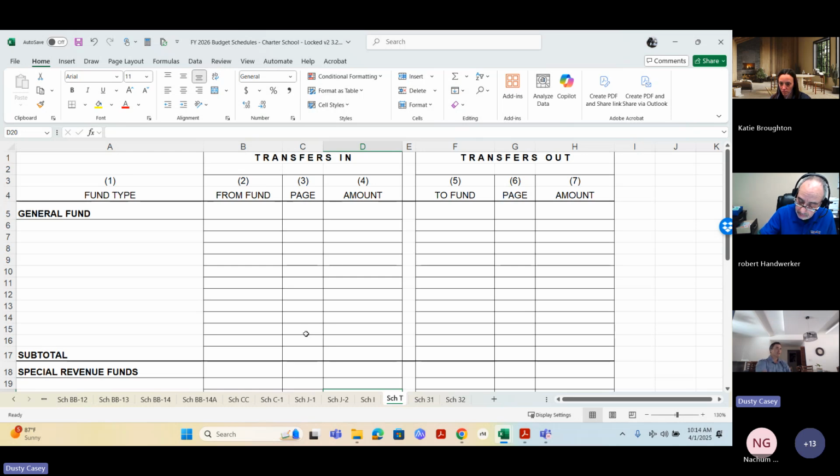So let's say you're getting $200,000 a year in local sped dollars, but your deficit in your special education fund is $400,000, then you should be showing a total of a $400,000 transfer out of your general fund, and you do not have to show the local sped portion. It's all a transfer out of your general fund.